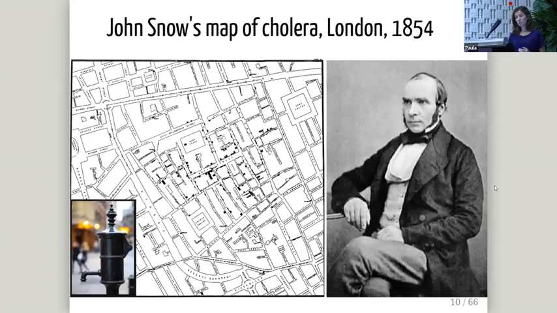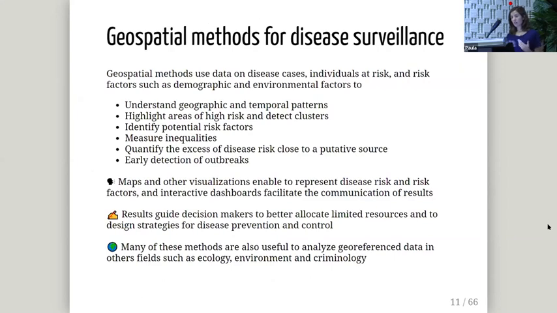So Dr. John Snow mapped the deaths, and he found out that all deaths were clustered around a water pump in Broad Street. So he convinced the authorities to remove the water pump, and when they did that, the outbreak disappeared. So this is one of the first examples of the importance of geospatial methods for disease surveillance.